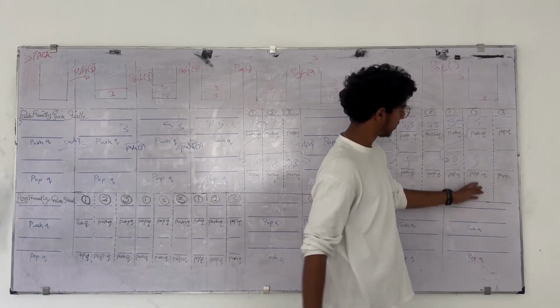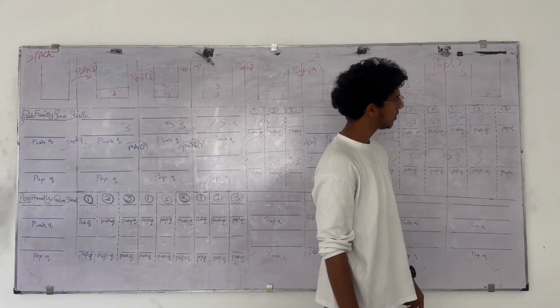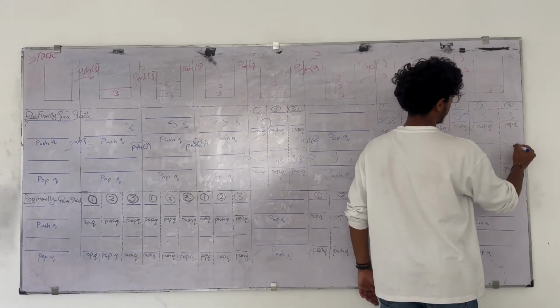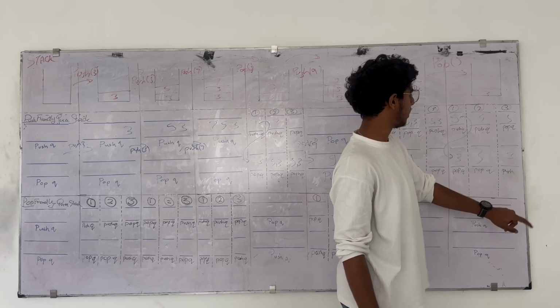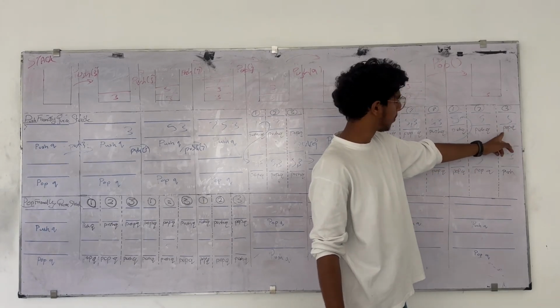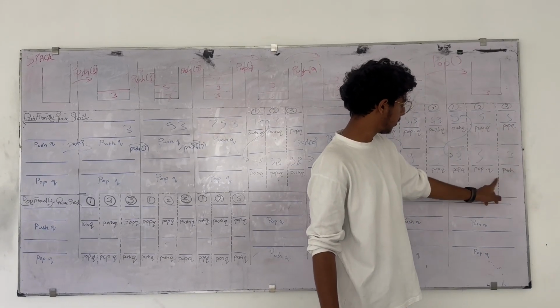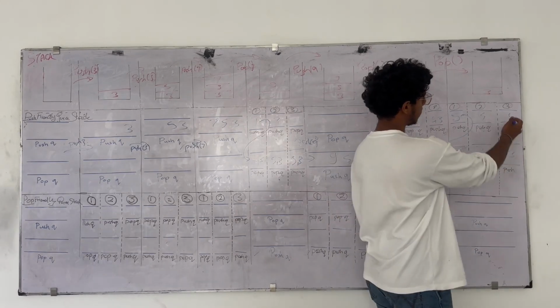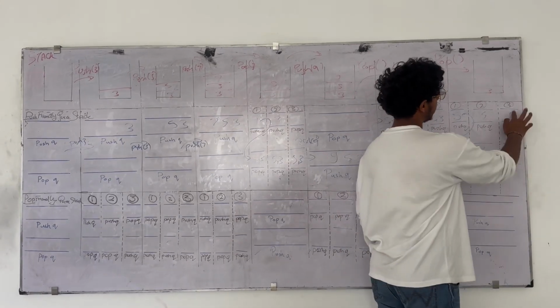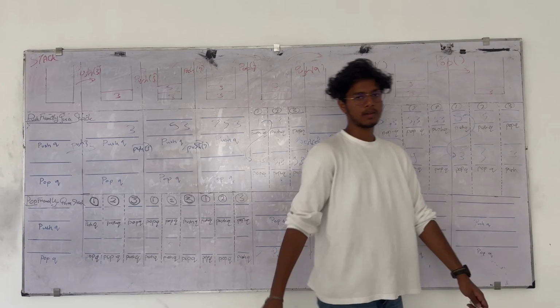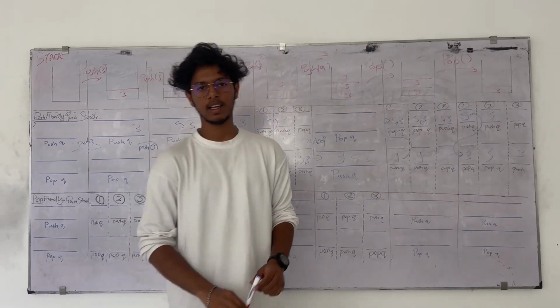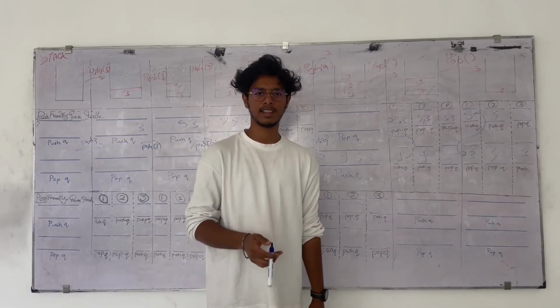Then we swap the queue names. The push queue becomes the pop queue, and the pop queue becomes the push queue. Since this is the pop queue, we can directly pop the element. That's how a push-friendly QueueStack operates.